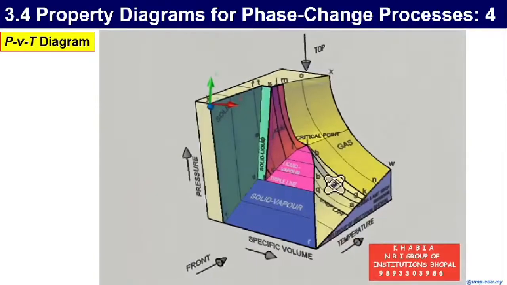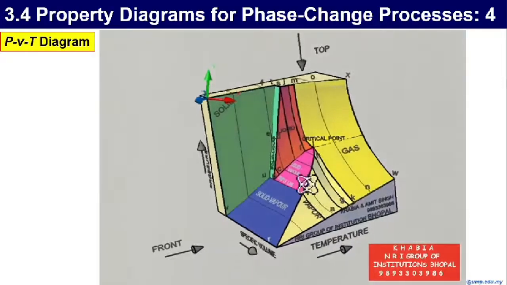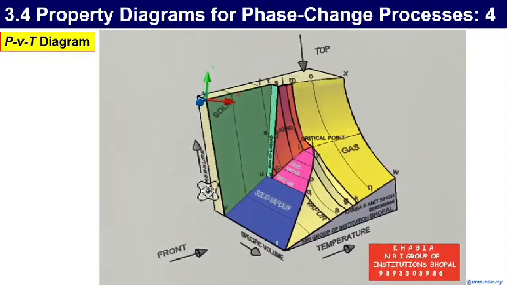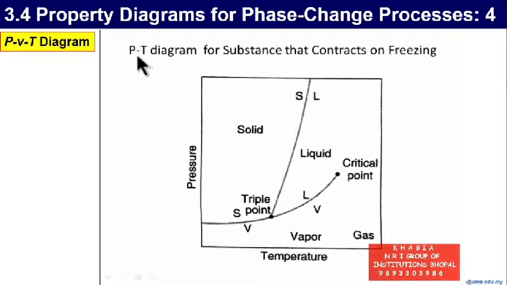Let me now develop a connection between 3D model of PVT surface and 2D PV diagram, PT diagram and TV diagram. The PT diagram for pure substance that contracts on freezing is shown here. This is the axis of pressure, this is the axis of temperature.